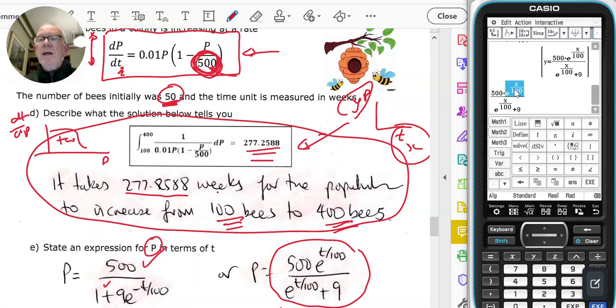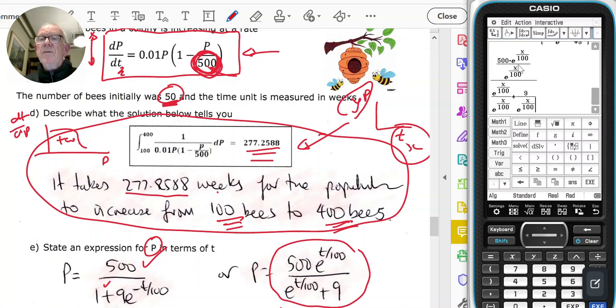So if I took that, put it into a fraction and put it over e to the x on 100, so copy and paste, put that in the denominator, and take this term, make a fraction out of that, and make the 9 a fraction out of that, copy, paste.